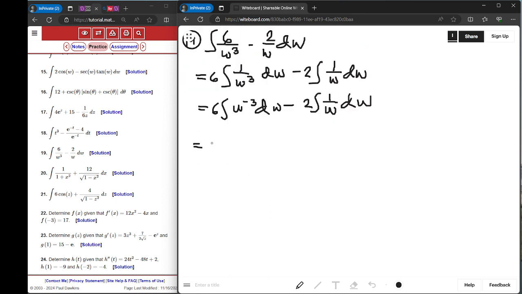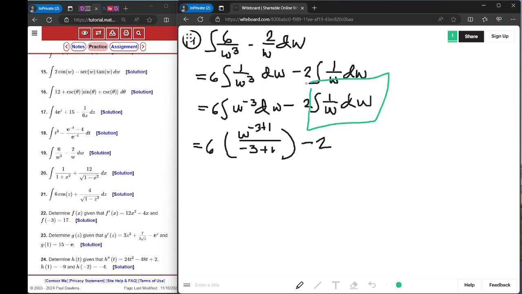So this will become 6 times the integral of w to the power of negative 3, which is w to the power of negative 3 plus 1 over negative 3 plus 1, minus 2 times the integral of 1 over w, which is equivalent to ln of w.